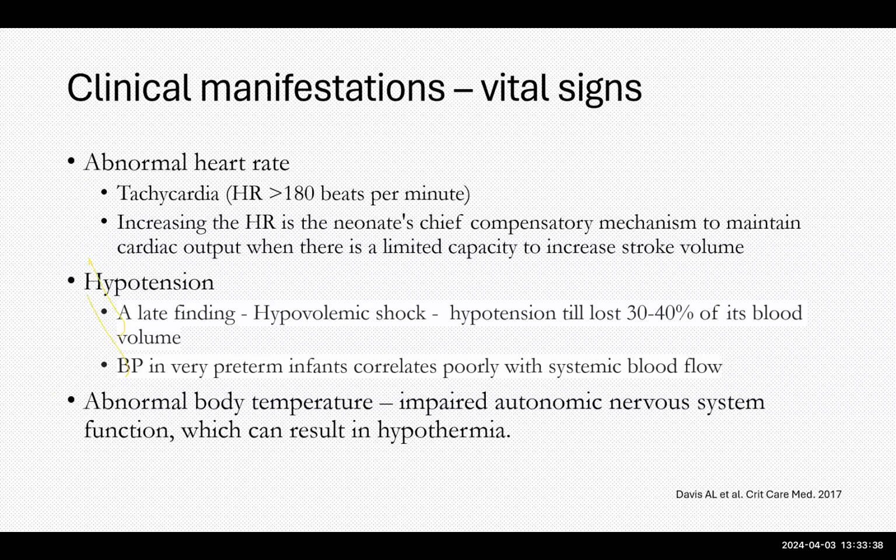And body temperature: don't expect the baby will have a high swinging fever because of their autonomic nervous system dysfunction. Sometimes they may show hypothermia, or even more commonly, we are called for what they call unstable temperature.